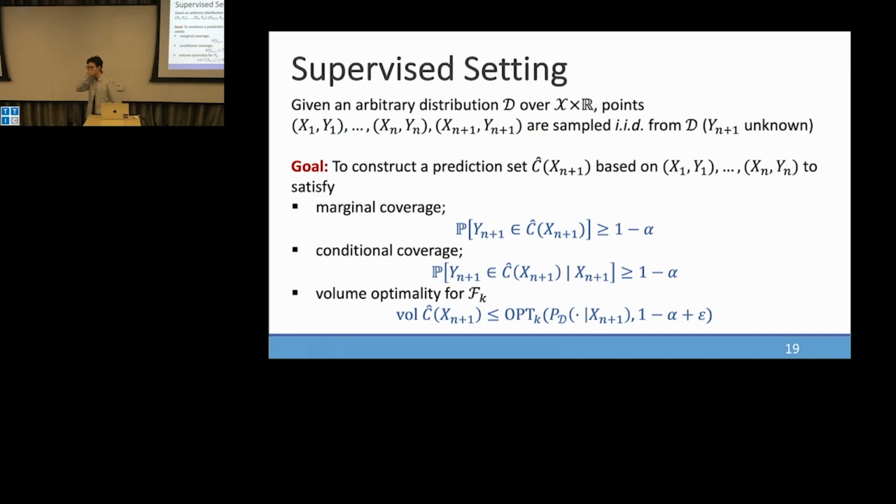Question. In terms of marginal coverage, if I give you 2 test data, and you make 2 conformal predictions on the 2 test data, can you say something about the joint probability of this coverage on these 2 test data?